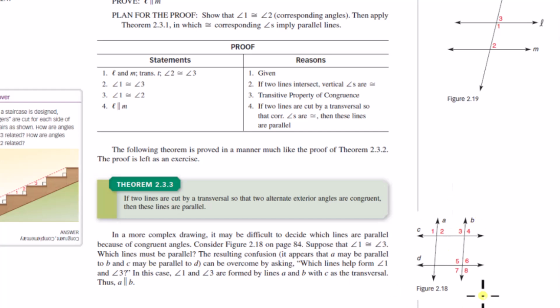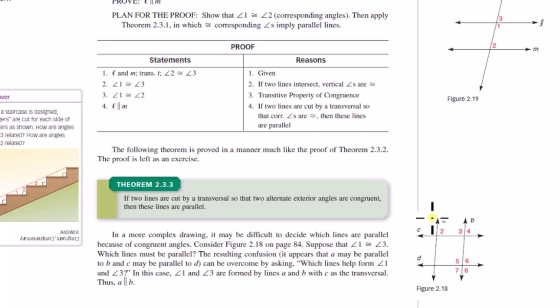Yeah, it's kind of confusing, right? What's the transversal here? What are the lines in question, or potentially parallel lines in question? The resultant confusion, it appears that A may be parallel to B and C may be parallel to D, can be overcome by asking which lines help form angle 1 and angle 3.